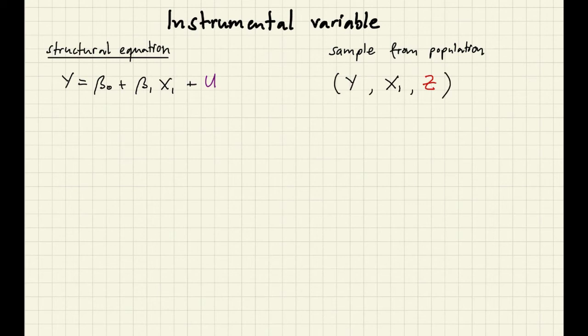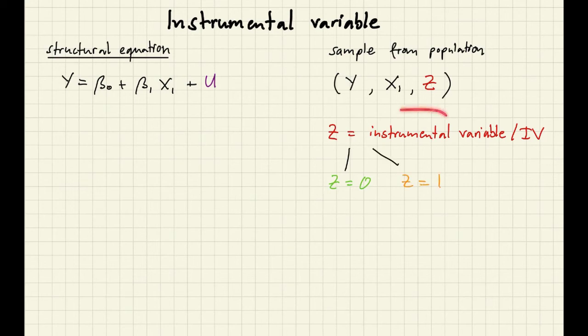Z is called an instrumental variable, or IV. Z is a dummy variable and takes the values z equals 0 and z equal 1. By sorting on our instrumental variable, we can divide our population into two groups.